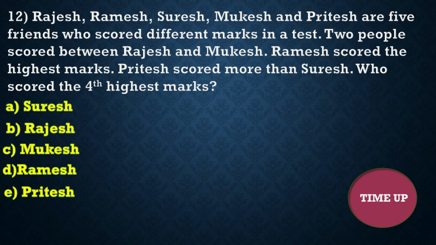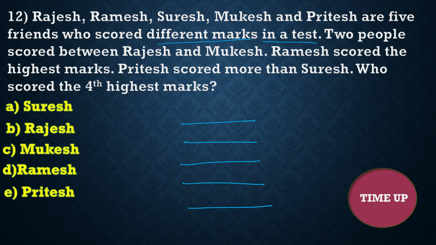Rajesh, Ramesh, Suresh, Mukesh and Pritesh are 5 friends who scored different marks in a test. 2 people scored between Rajesh and Mukesh.